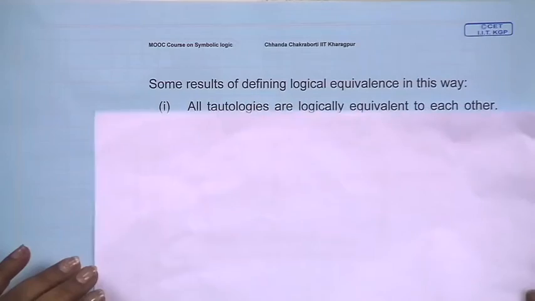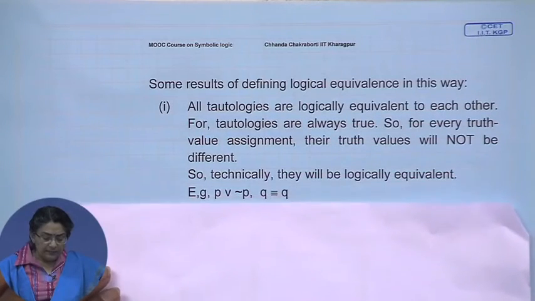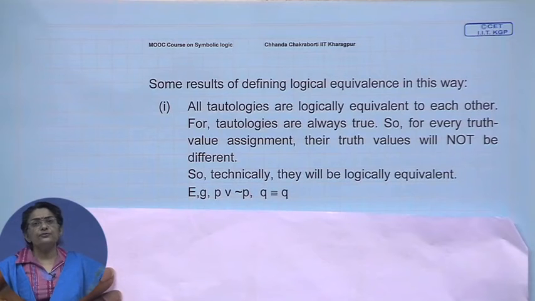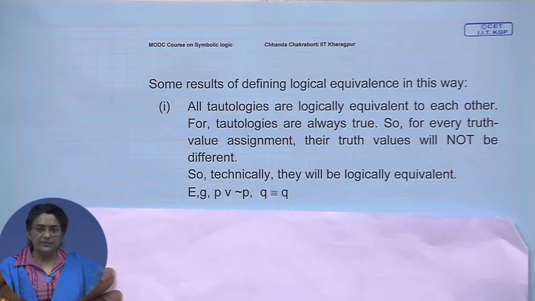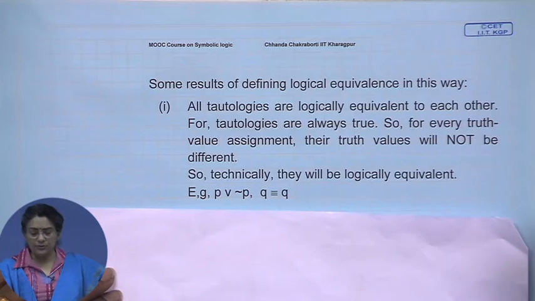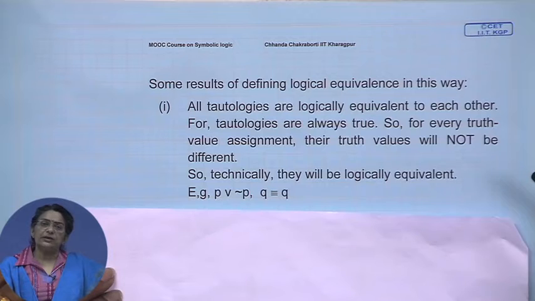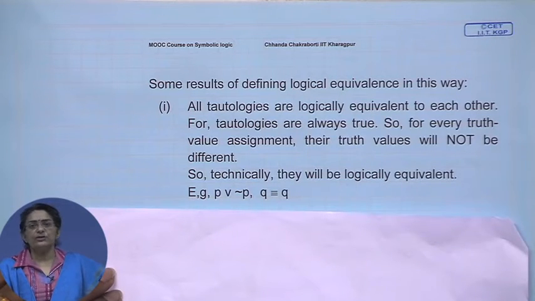There is a strange result of defining logical equivalence in this way, and I must share it with you. You have to accept the fact that, because of the way we have defined logical equivalence in terms of truth tables, all tautologies are going to be logically equivalent to each other, because it does not matter what truth values, tautologies are always true.